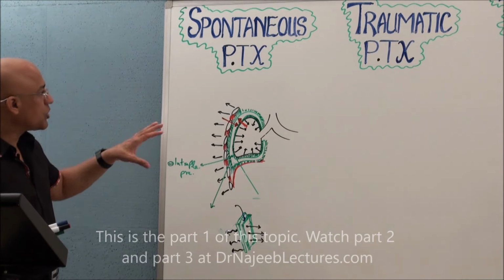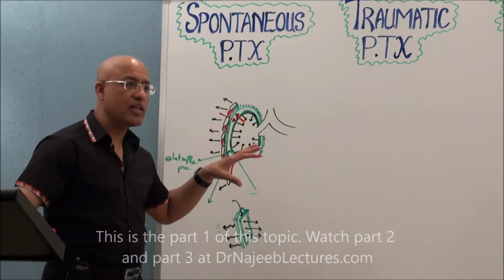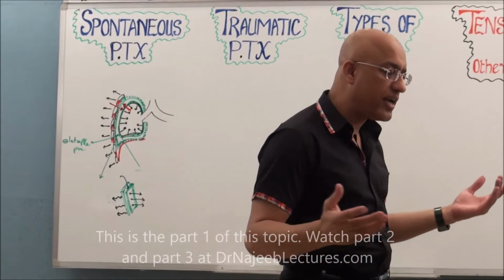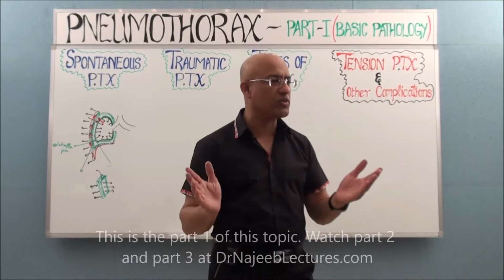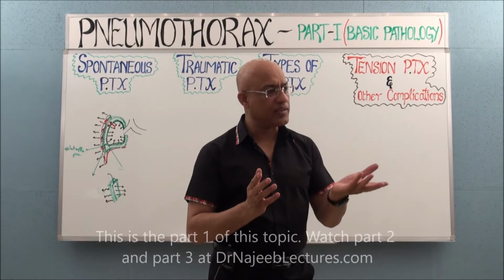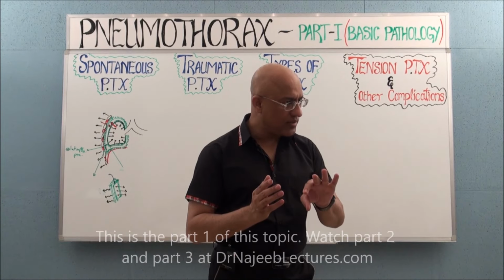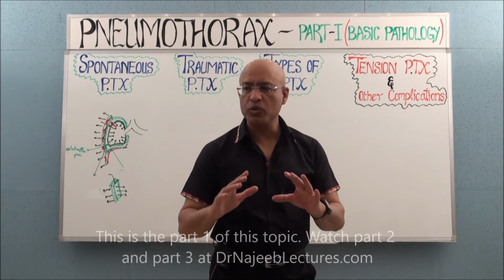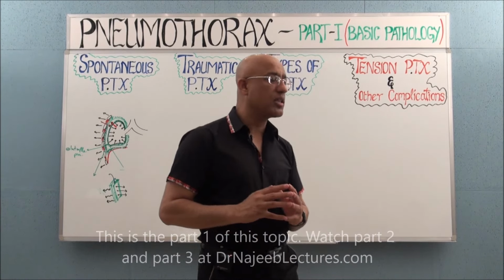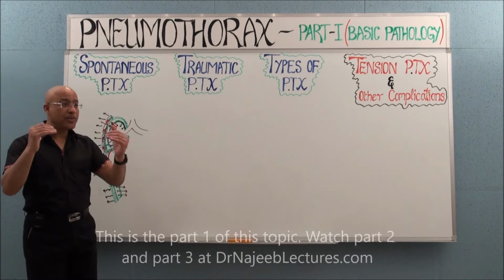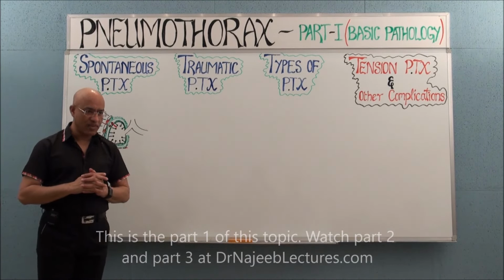Right? Now we're going to detail what are the causes of pneumothorax. We just discussed what is pneumothorax, and what happens to lungs and chest wall if air enters into the pleural cavity. And I said air can either come from the lungs or from the chest wall. Now we will go into detail on the causes of entry of air into the pleura, right?